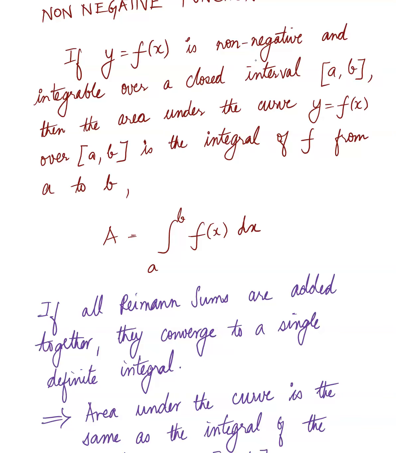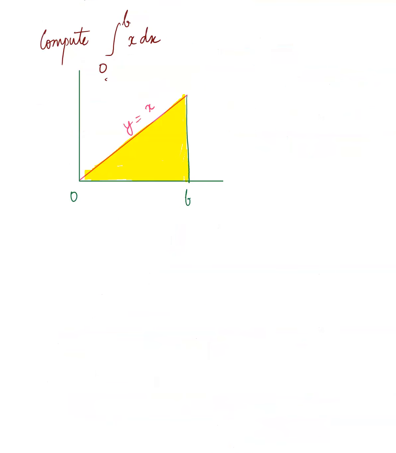So we can illustrate this using a geometric shape. This question says to compute the integral from 0 to b of x dx. And we have the diagram, y equals x, of course, is the function, right? x is f of x.